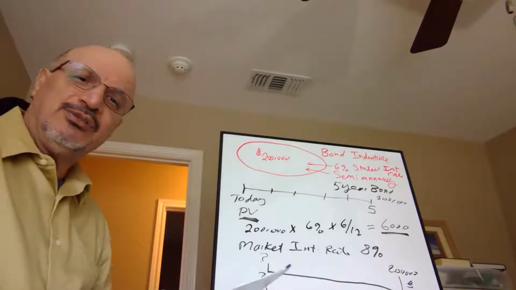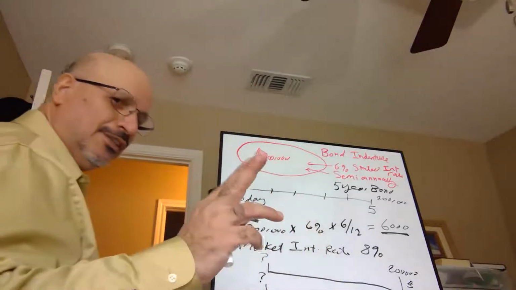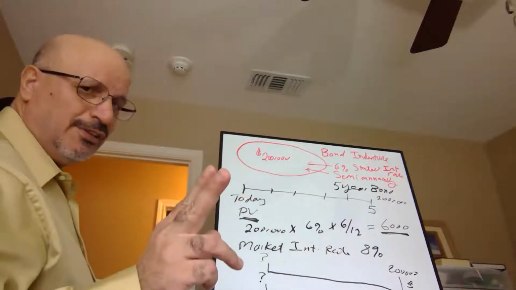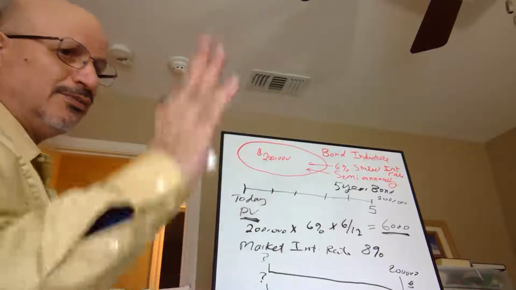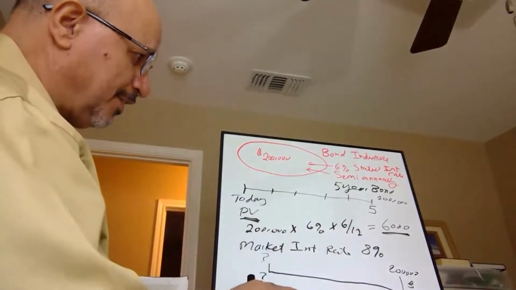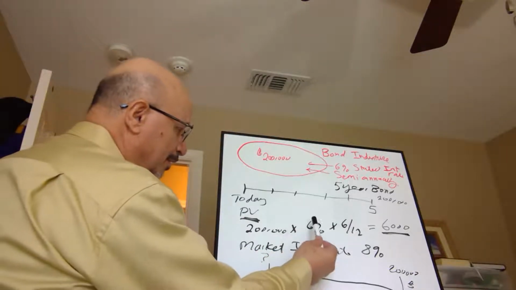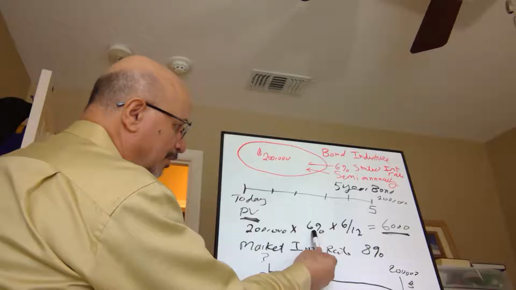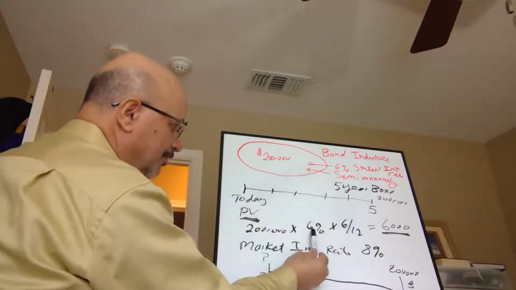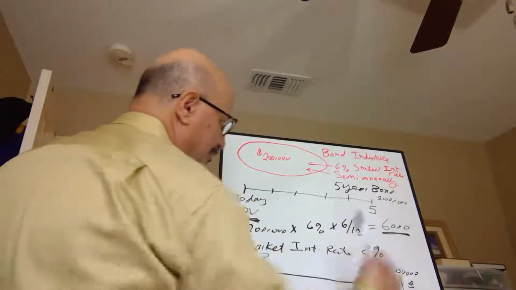And also we need to find the present value of the 6,000. Remember, we said 2 present values, 1 for the face value and 1 for the interest. So the interest is 6,000, and this is how we found it: 200,000 times the contractual rate or the face interest rate times 6/12, and that gives us 6,000.